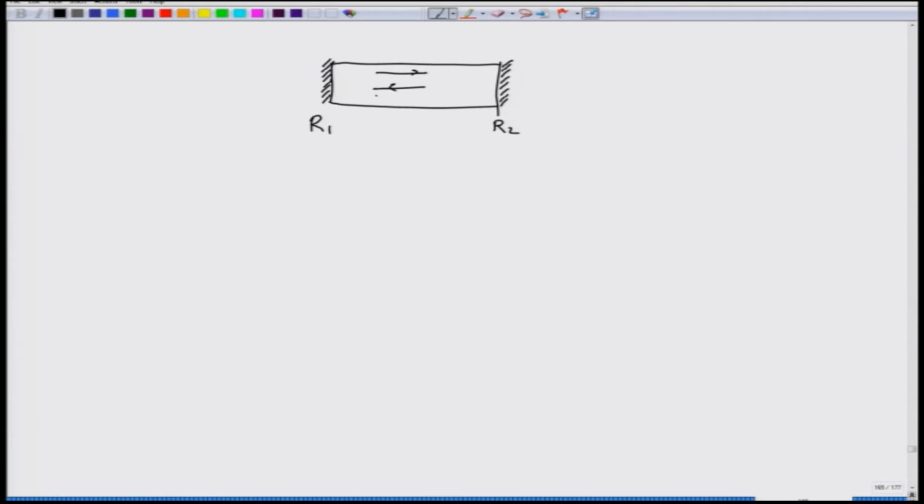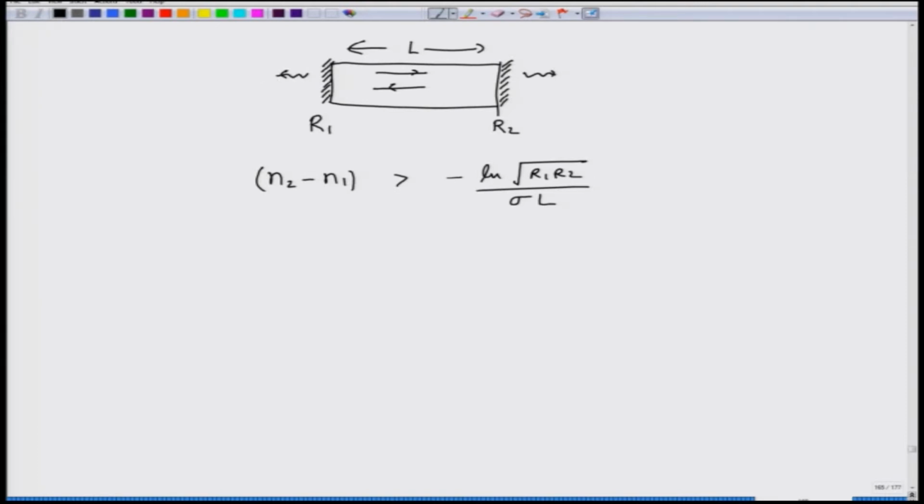What we showed is that if N2 minus N1, that is the difference in the density of atoms in the upper level and the lower level, is greater than minus log of square root of R1 R2 over sigma L, where L is the length of this cavity, then the light gets amplified. Light which comes out of here or here would be amplified.